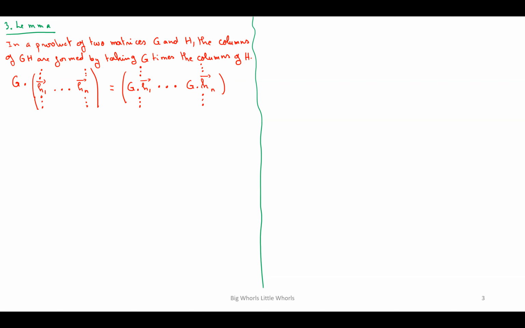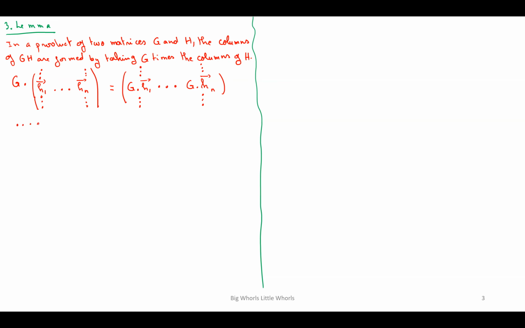Okay, and the rows of GH are formed by taking the rows of G times H. So now it's going to act from the right. Basically H is multiplying G, so it's going to act on the columns. Basically everything we have just said so far.